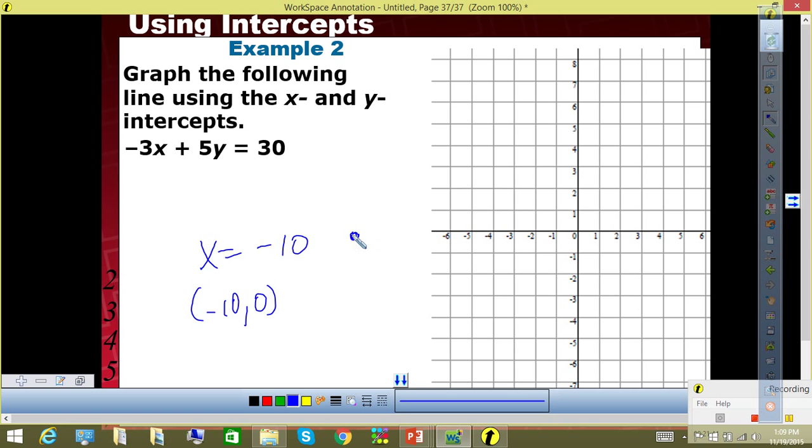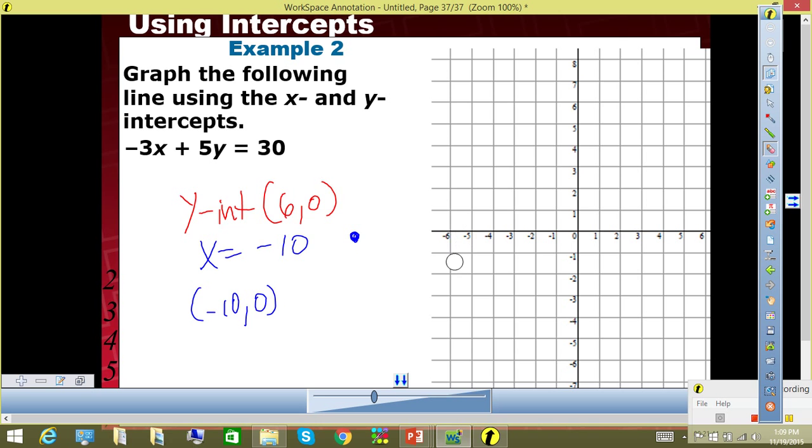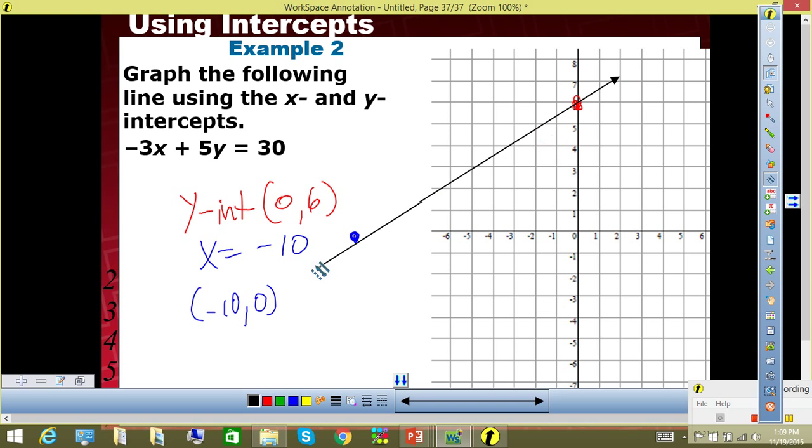And what is our y intercept? 6, 0. Hands if you agree with that. Oh, wait, no, never mind. Who got something different? Dylan? 0, 6. That is correct. And your line should go through those 2 points.